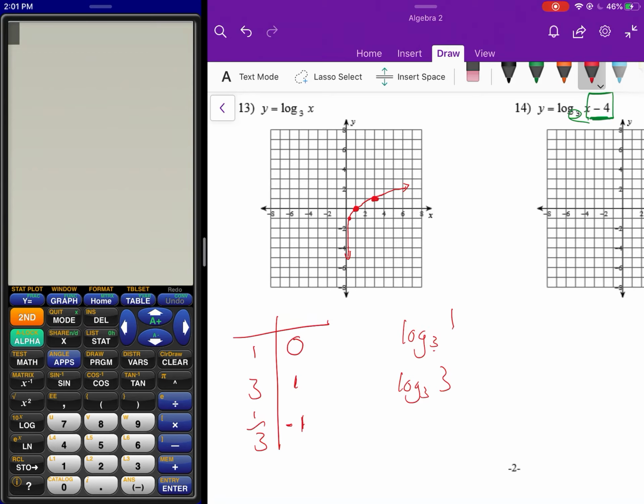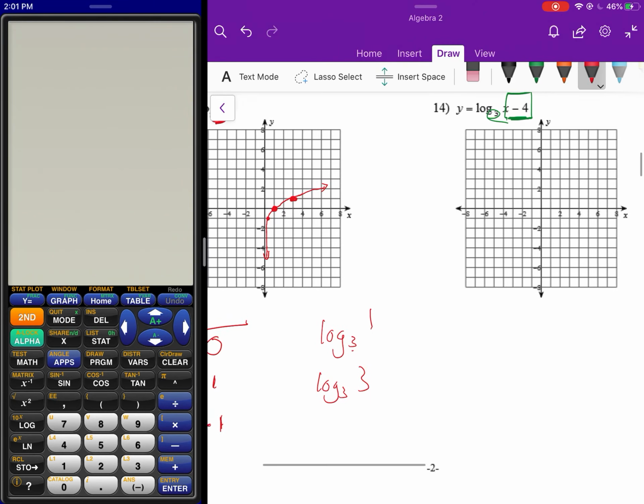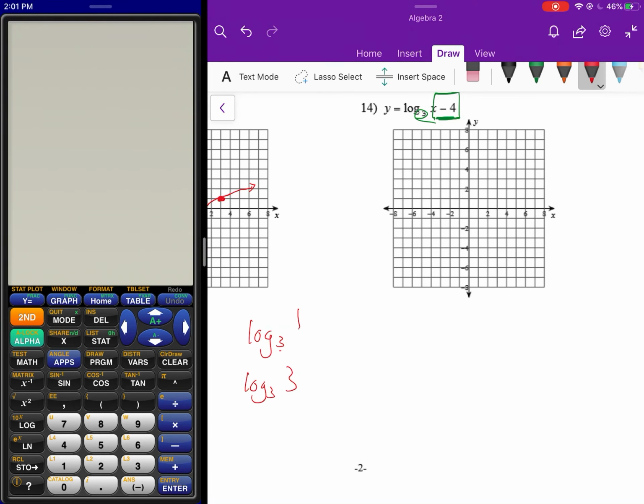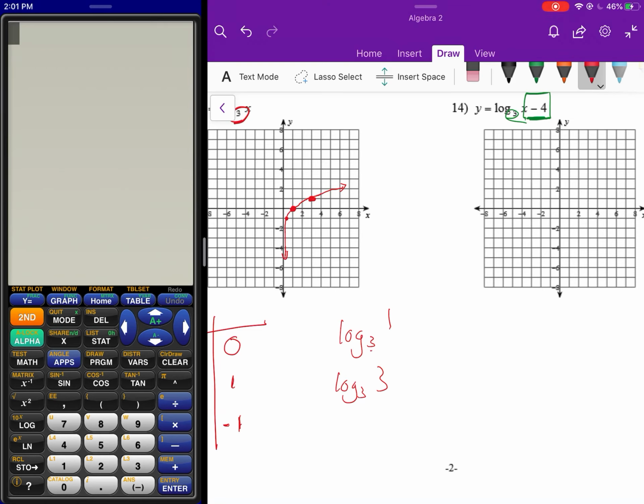For 14, 15, and 16, since they're all the same base as mentioned before, we're going to start with that function and then work with our transformation, whether it's moved left or right or up or down. So here we go. We want to start with the parent function. We already have it, so you could just copy the points from the first one. I'm just going to write them to remind you.